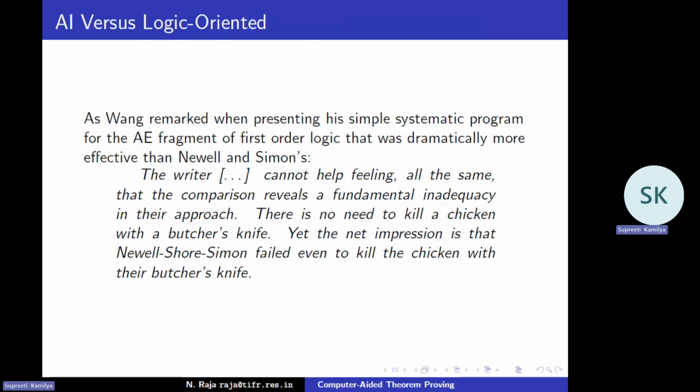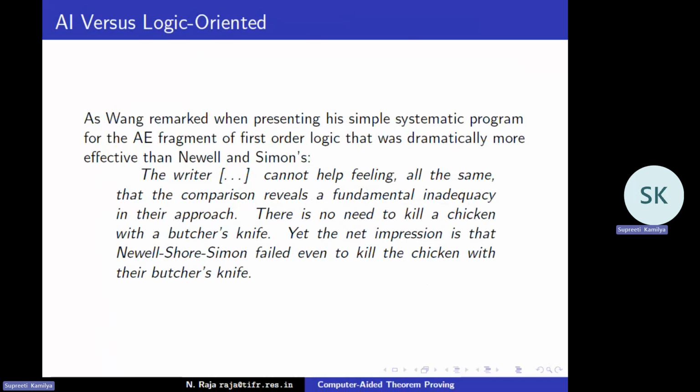Here is something from Hao Wang. He was a collaborator of Godel, and he talks about a simple systematic program for a fragment of first order logic with the quantifiers for all and there exists.